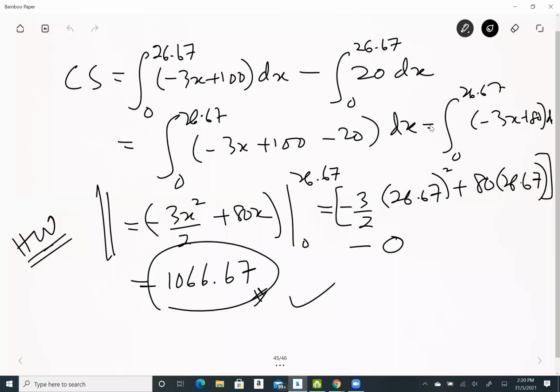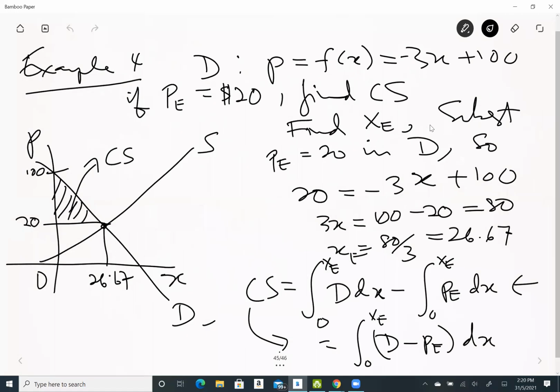Before we move on, I can put in another function for the supply function. Suppose the supply function is P equal to 2x plus 5.